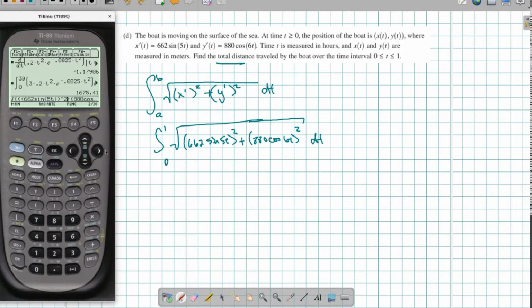And this 880 cosine of 6t also needs a closing parenthesis, then close to square, and then that whole thing's being square rooted. And I want to integrate that with respect to t from 0 to 1.